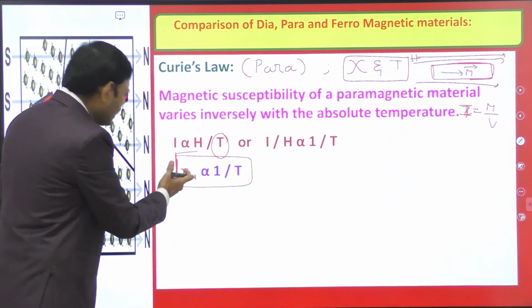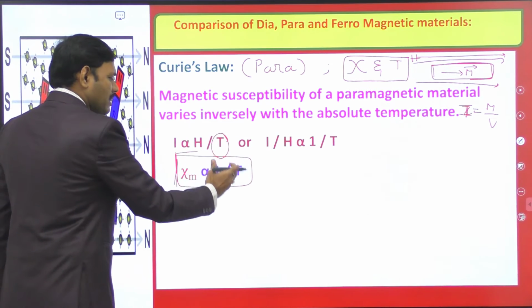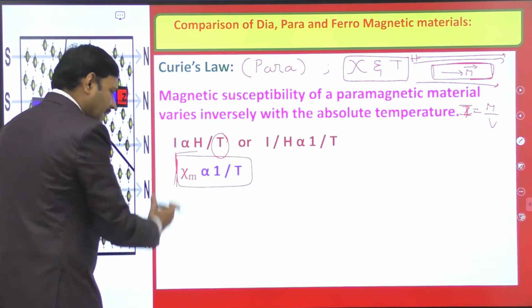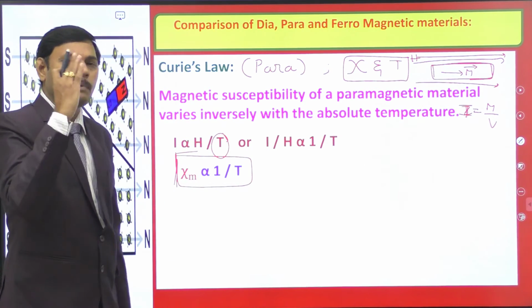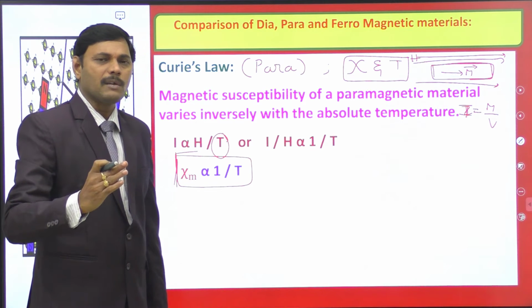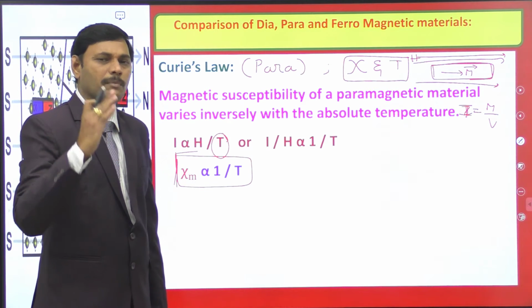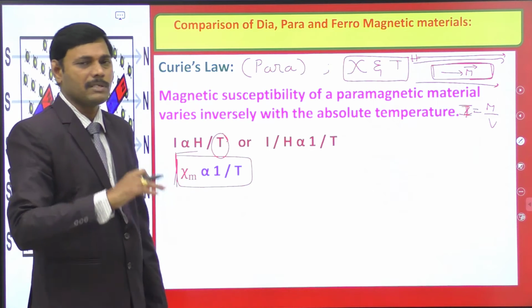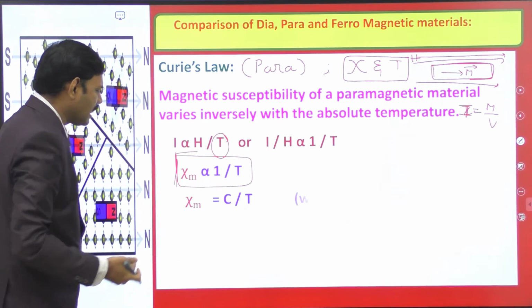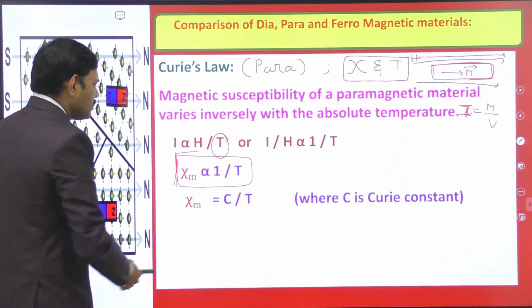As this clearly shows, if the absolute temperature of a paramagnetic substance goes on increasing, susceptibility decreases. It means the magnetic property decreases. So the magnetic property of a paramagnetic material is inversely proportional to absolute temperature. It depends upon temperature in an inversely proportional relation. So we introduce a proportionality constant C.